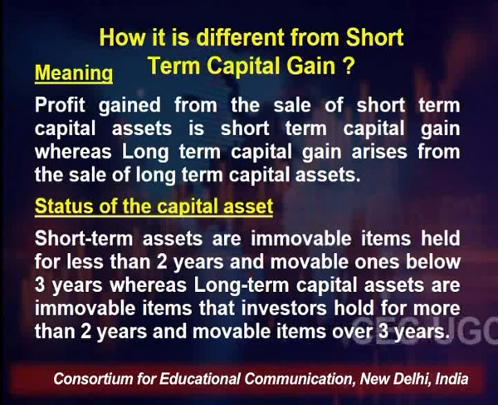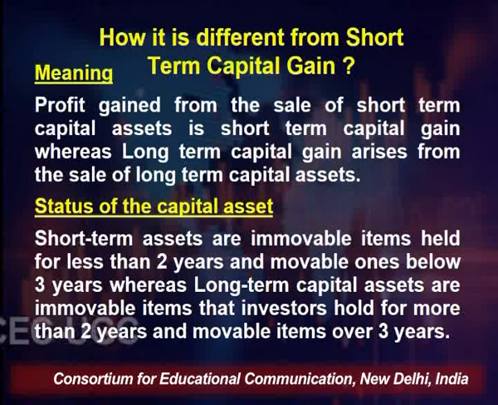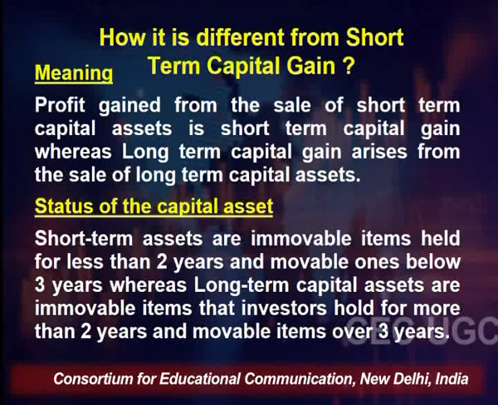Now the status of the capital asset. The short-term assets are immovable items held for less than 2 years and movable ones below 3 years, whereas long-term capital assets are immovable items that investors hold for more than 2 years and movable items over 3 years.